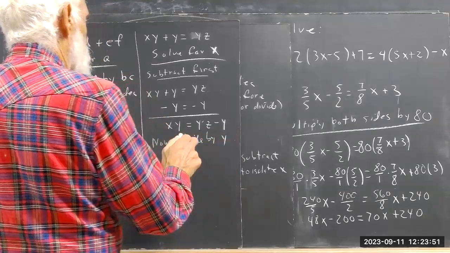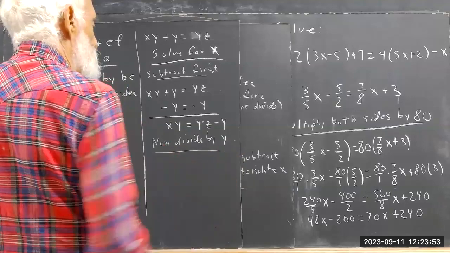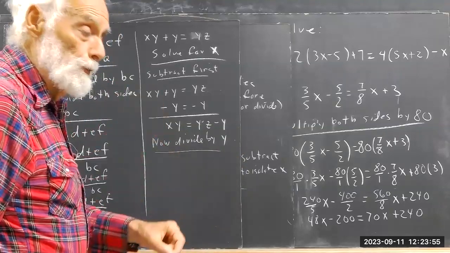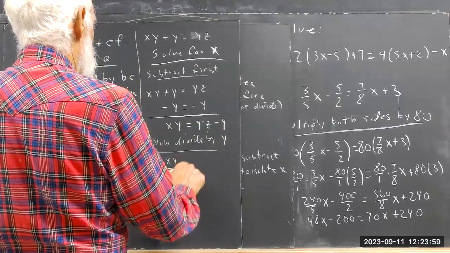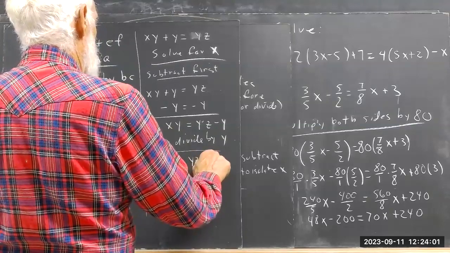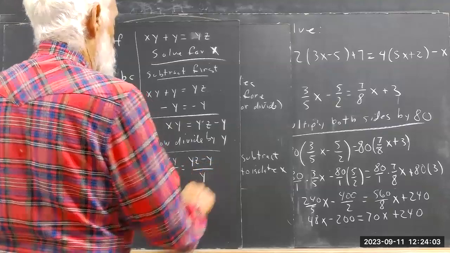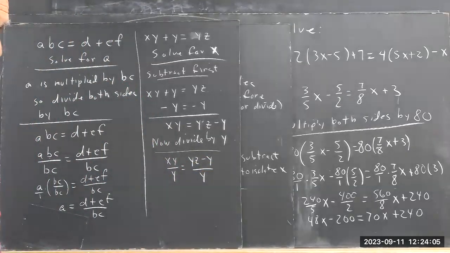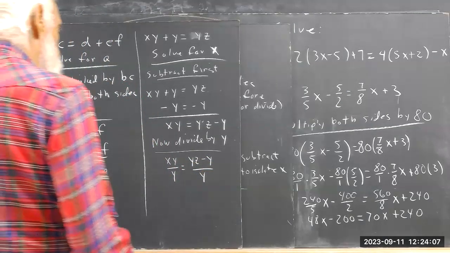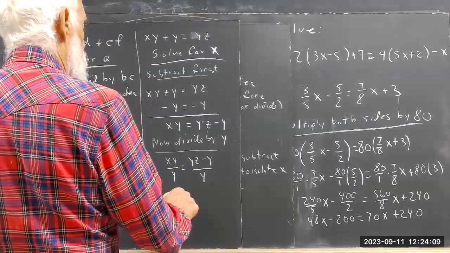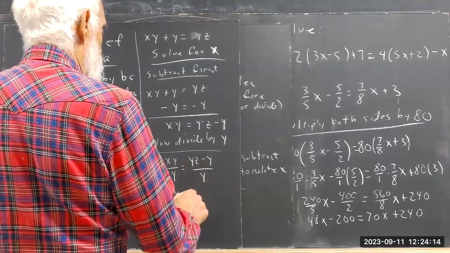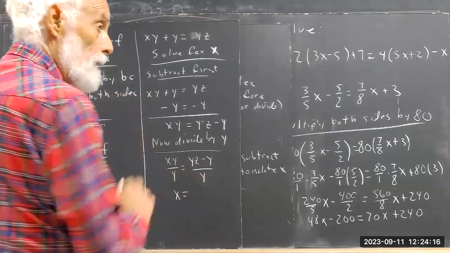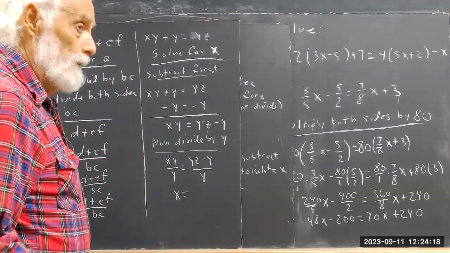Now divide, when I'm saying divide, we're dividing both sides by Y. So we have to write out XY over Y equals YZ minus Y, the whole thing over Y. Okay. And this gets a little more complicated. XY over Y does give us X, Y divided by Y. Which Y are we going to divide by this Y? Well, we've got to divide them both.